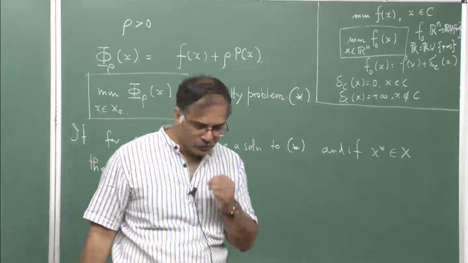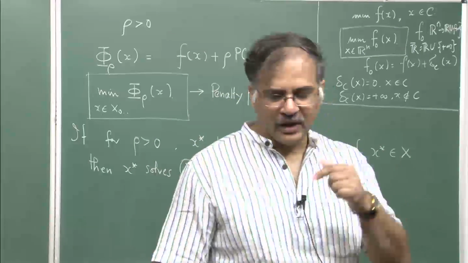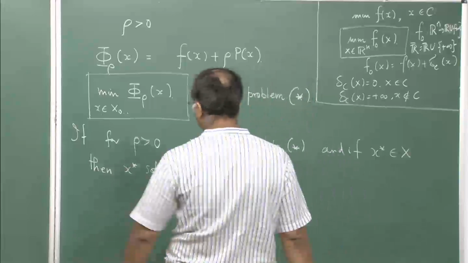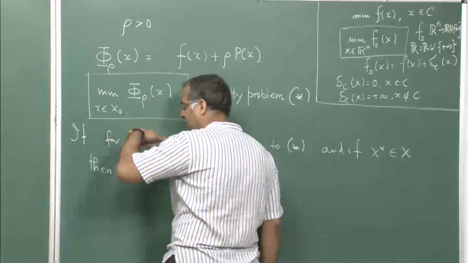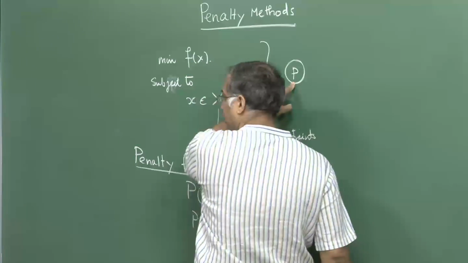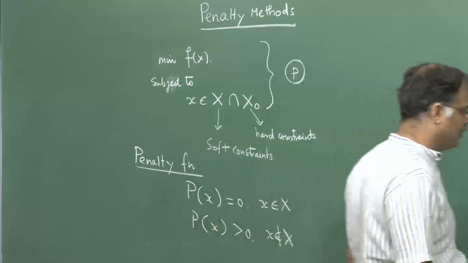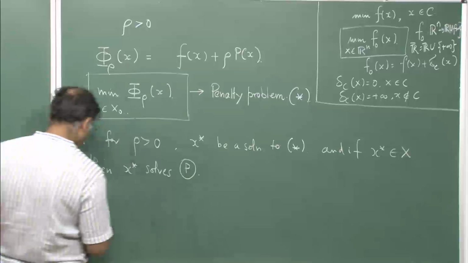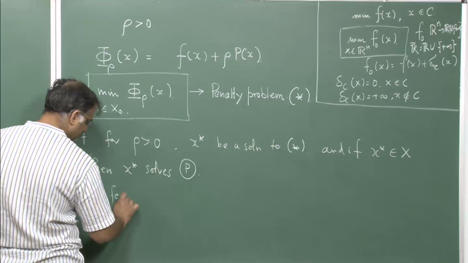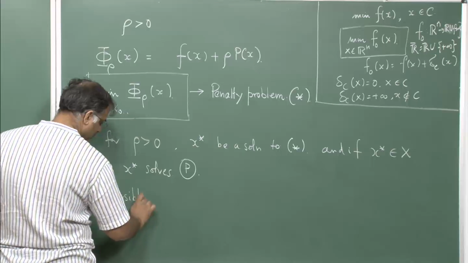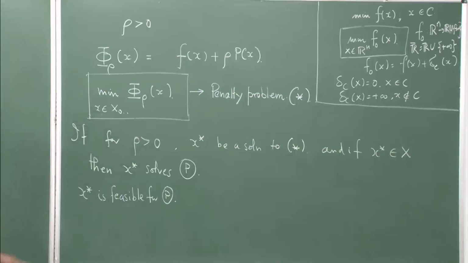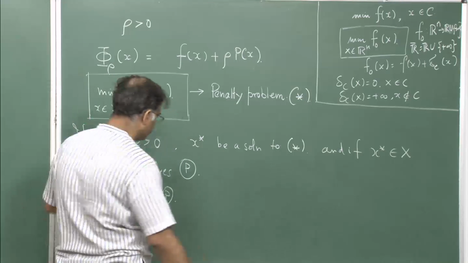This is not very difficult to prove, because whenever x star is a solution of the penalty problem, x star is in X naught, and if you additionally say that x star belongs to X, then x star is a feasible point of P. So, we already have that x star is a solution to this.